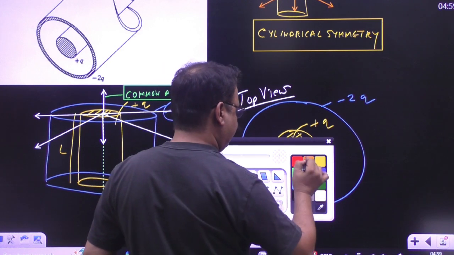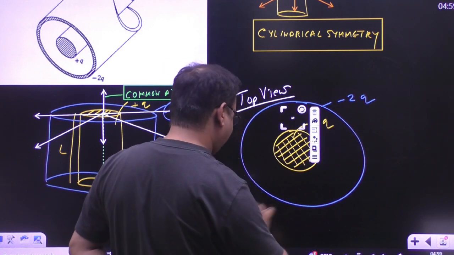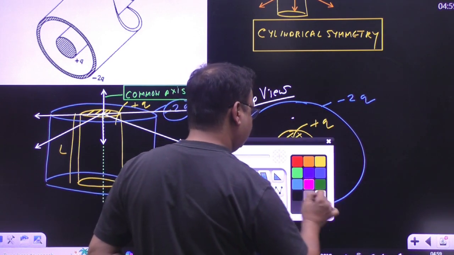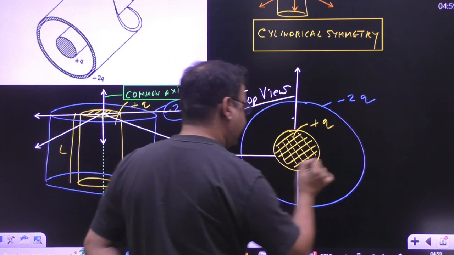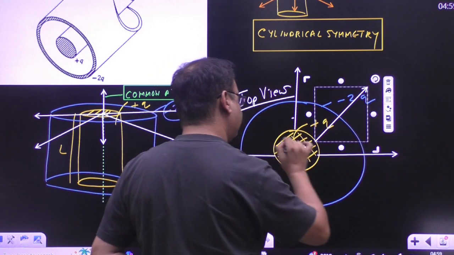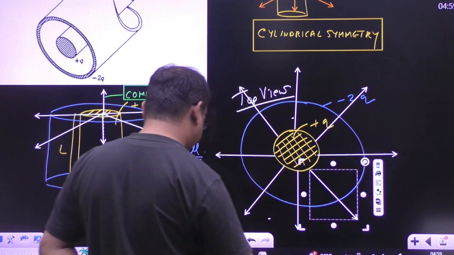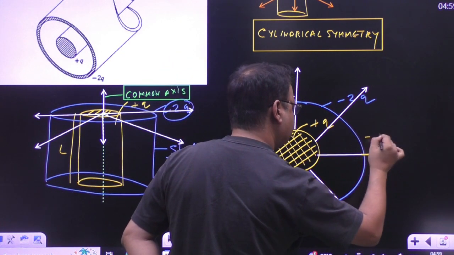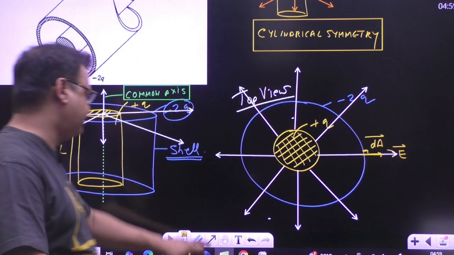And if there would have been any field, I don't know whether the field will be there or not, we have seen in Gauss's law, had there been any field, it would have been cylindrically symmetric. No other possibilities there. So this would be dA and this is E. Both will be perpendicular to the cylindrical surface.